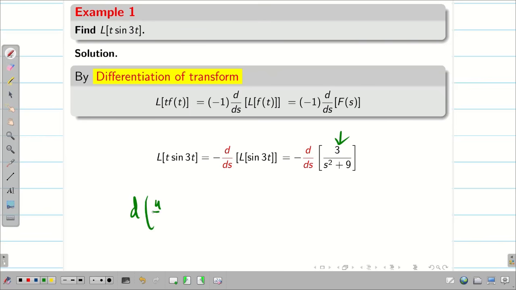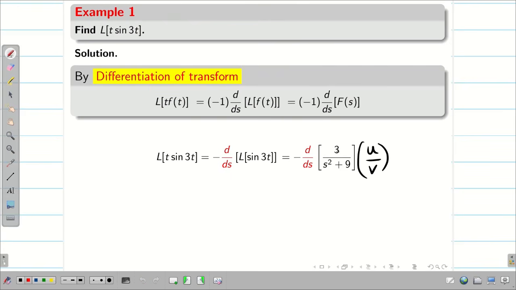We have to follow the u by v rule: v du minus u dv divided by v square. I am writing all these formulas because there are many non-maths students in the group. So now this is going to be my u and the denominator is my v. Differentiating 3 by s square plus 9, we have one minus outside. The denominator is going to be s square plus 9 whole square.